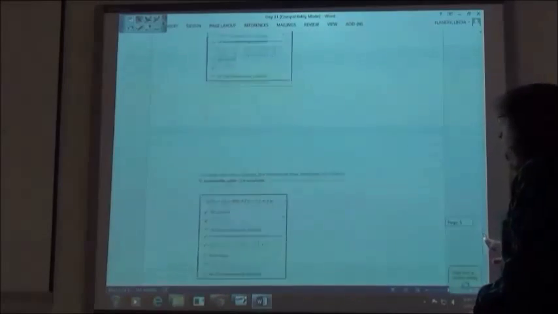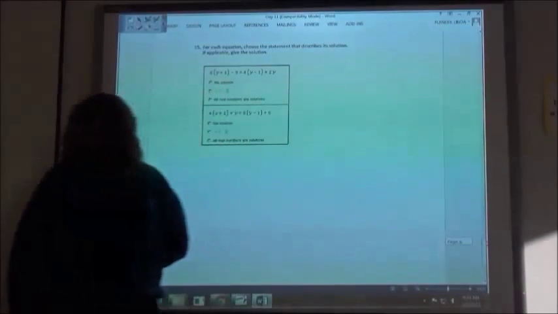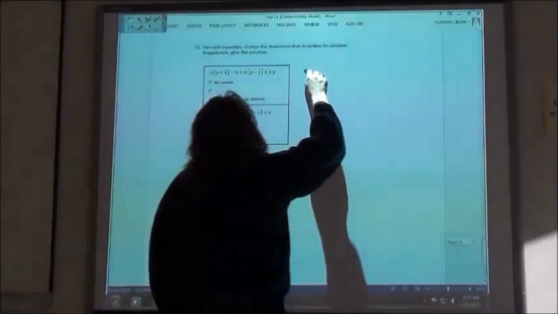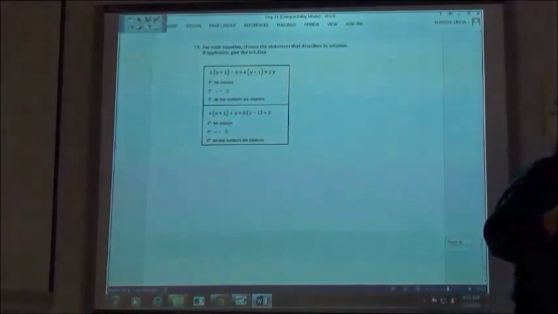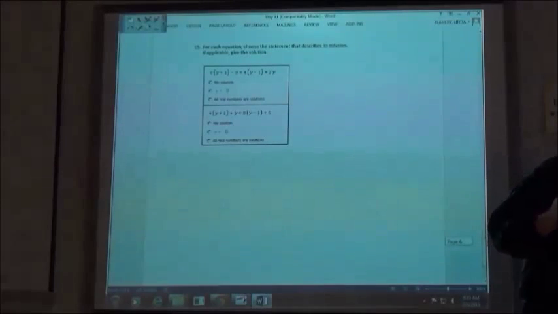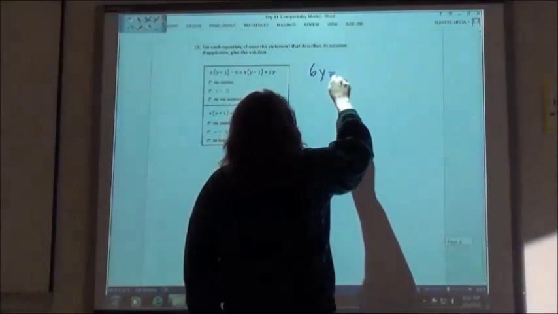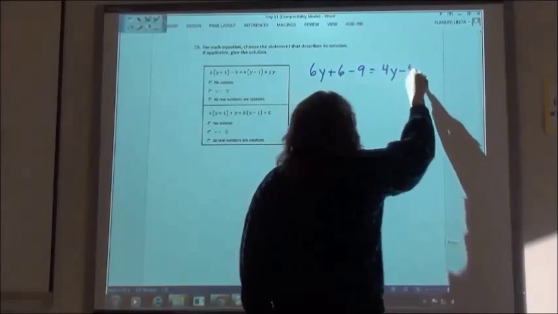All right, one last one for good measure here. So, multiplying that out: 6y plus 6 minus 9 equals 4y minus 4 plus 2y.